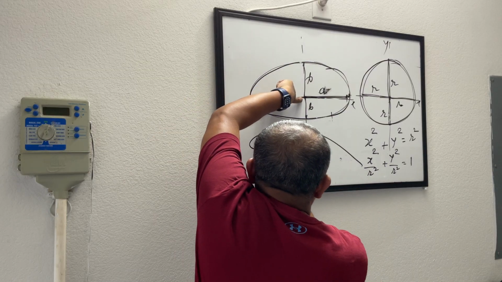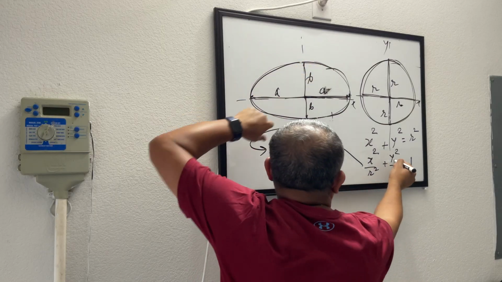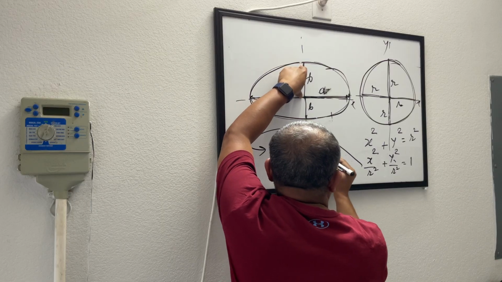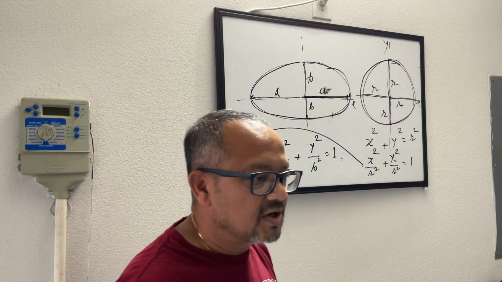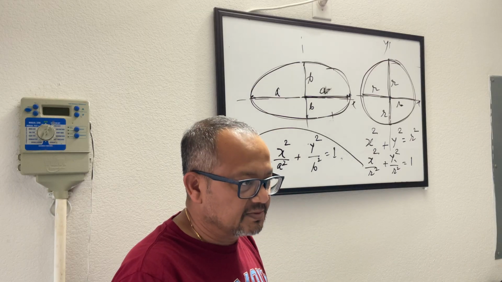A. So x squared by a squared plus, along the y-axis, what is my radius? That is b. So y squared by b squared equal to 1. So that becomes our equation of an ellipse.